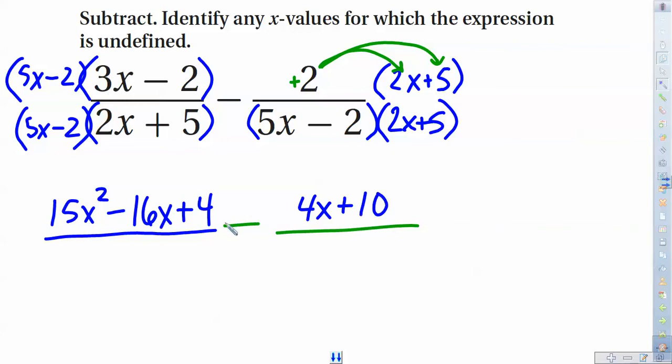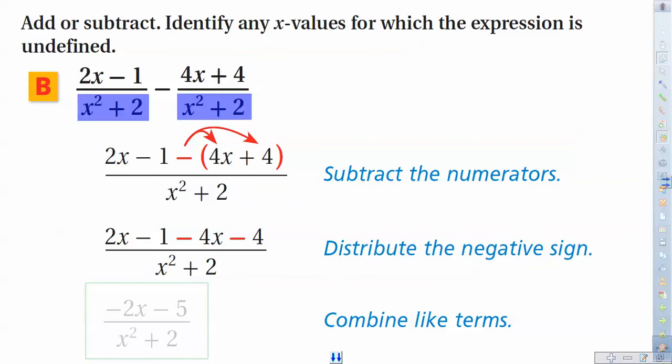Now subtraction, just like what we saw earlier, that second fraction right up here with that minus sign, we had to distribute that minus sign to both of those two terms in there. So we're going to have to do the same thing on our problem.